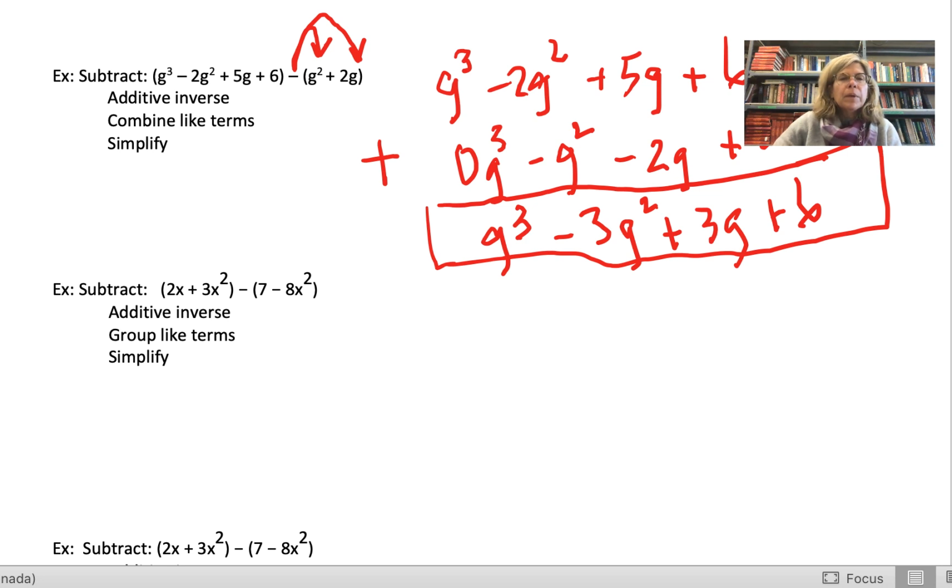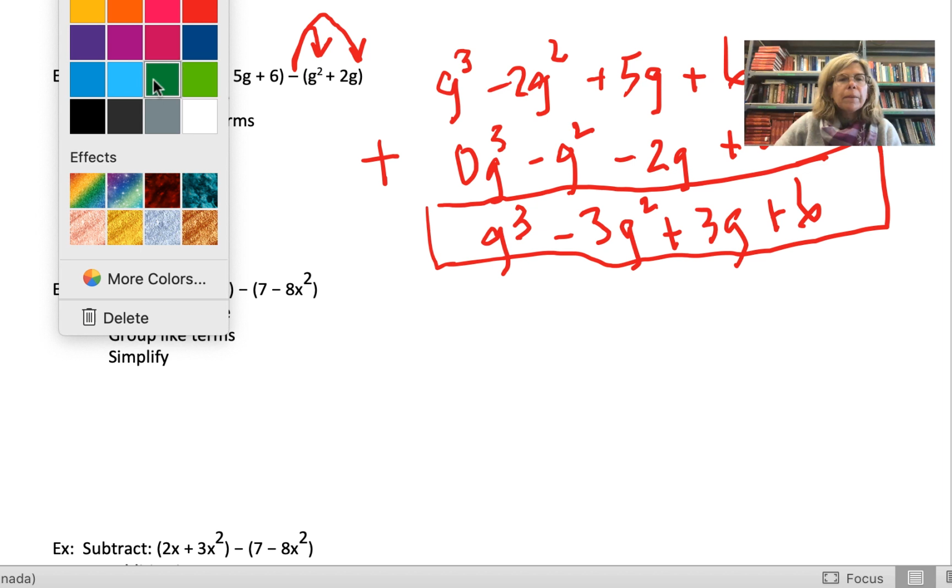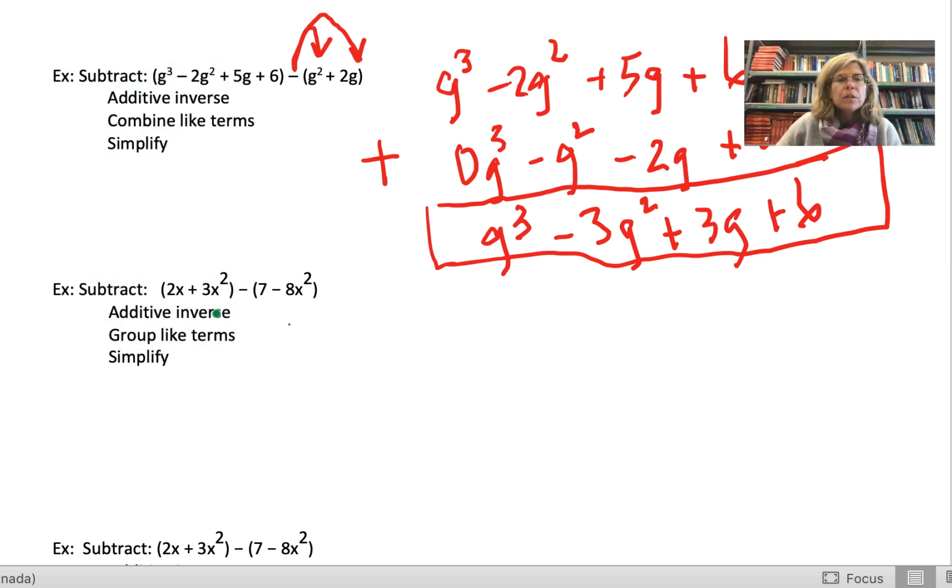Okay, why don't we do another one? So we have, see, that's green. We have 2x plus 3x squared minus 7 minus 8x squared. Well, let's distribute the minus sign across the 7 and the minus 8x. And so then that leaves us with 2x plus 3x squared. And you know what?